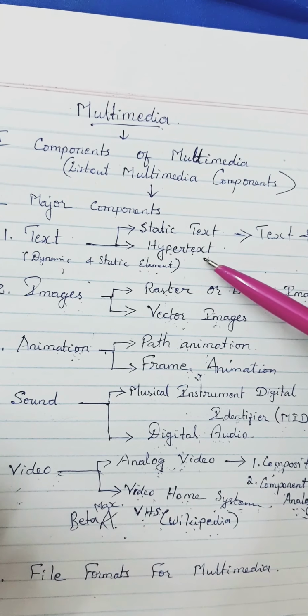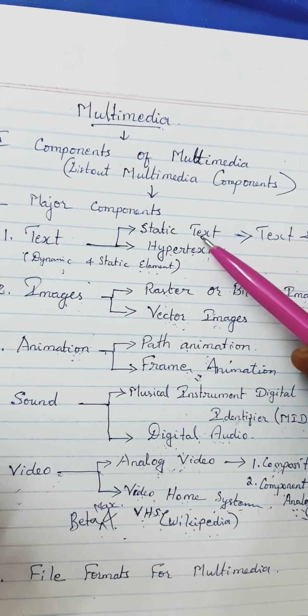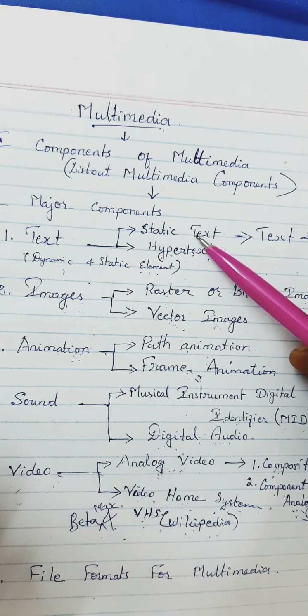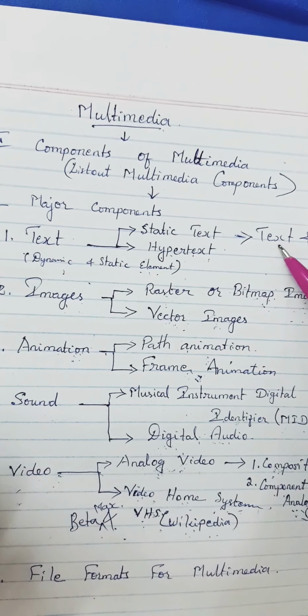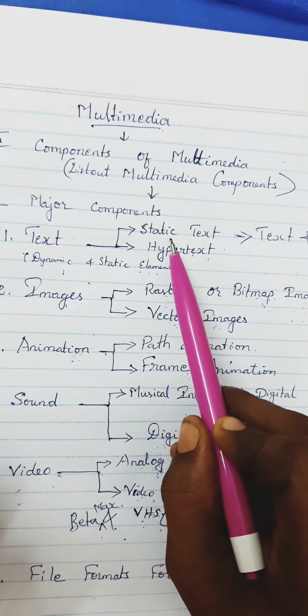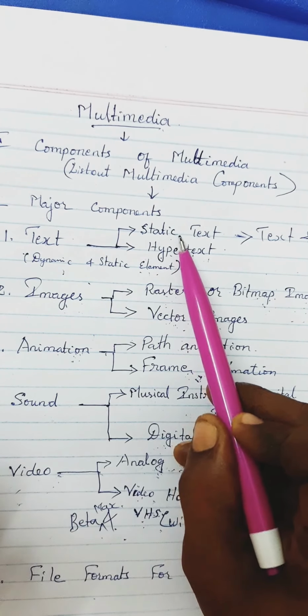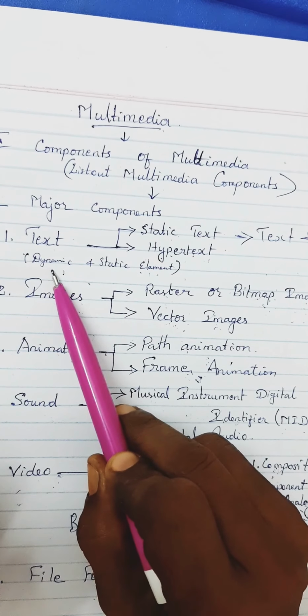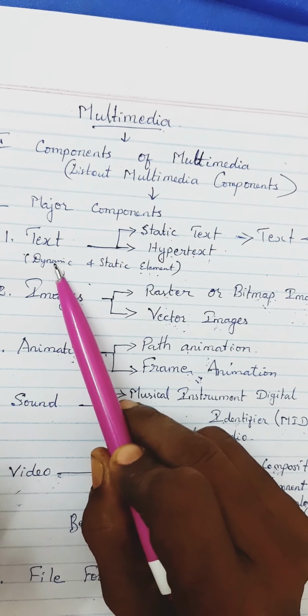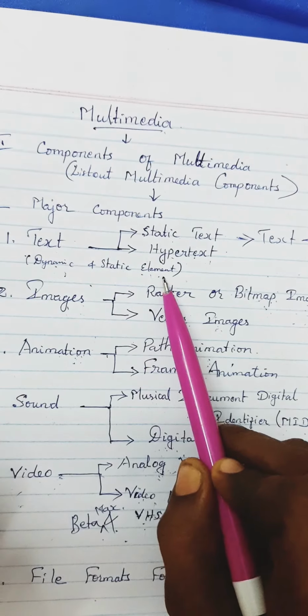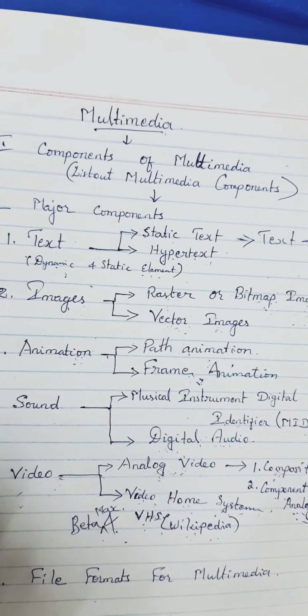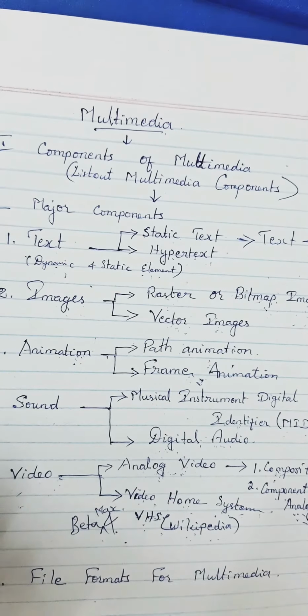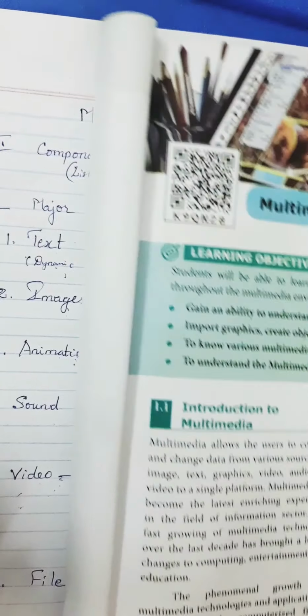Static text is defined as text and graphic. What do you mean by static? The text is divided into 2 types of element, that is a dynamic element and a static element. I already sent you the PDF file of the book.